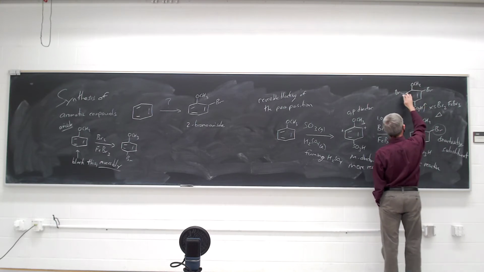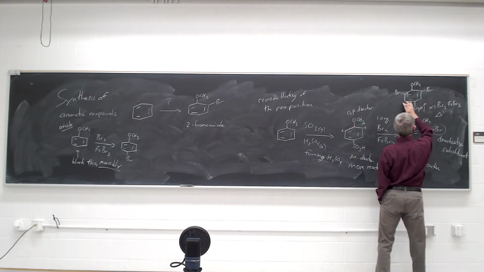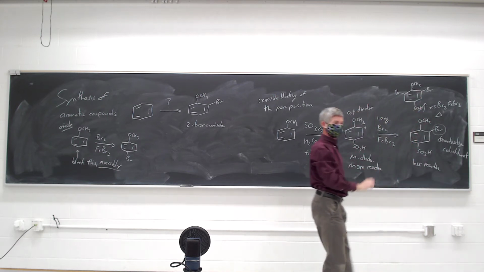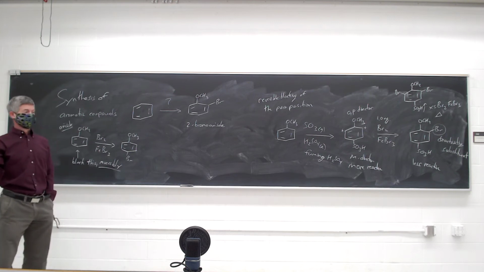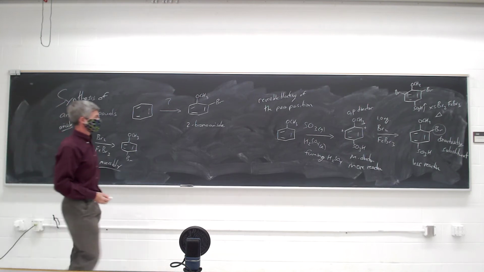You do have two groups saying that you want it there, as opposed to the one group that's saying that it should go here. But the most important factor is this is the more strongly activating substituent. Methoxy would also win over like an amido group, right, because it's more powerful.